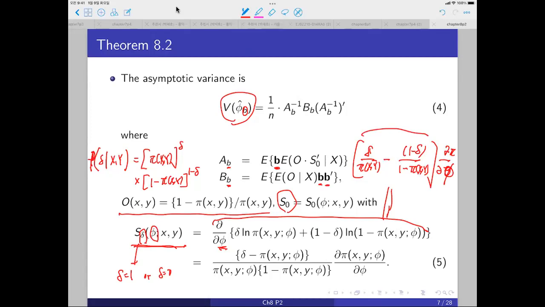Then this guy is pi times 1 minus pi, times delta minus pi over pi times 1 minus pi. You don't have to simplify further. So that is this one.